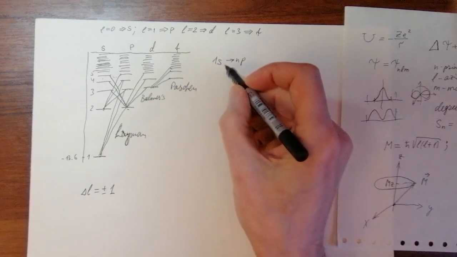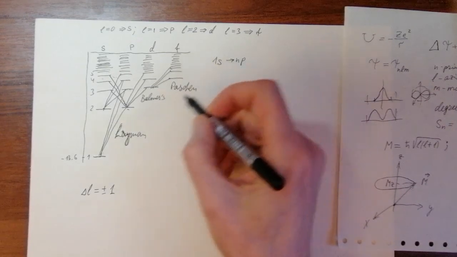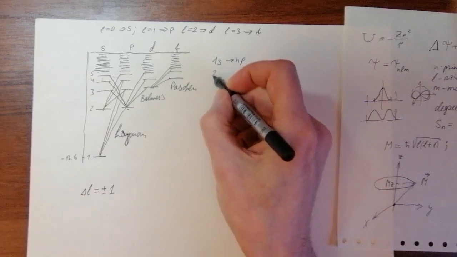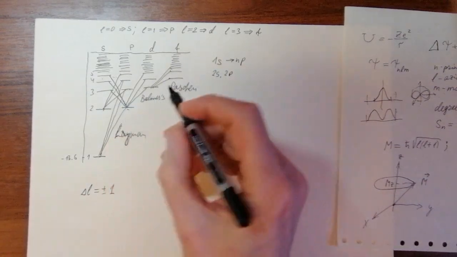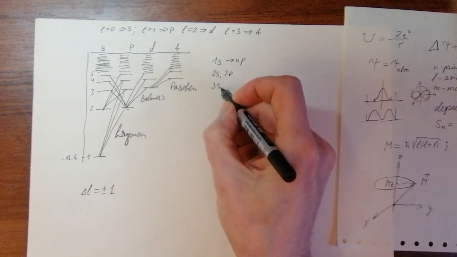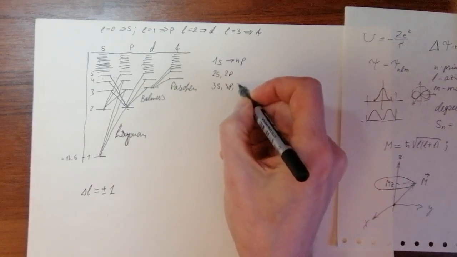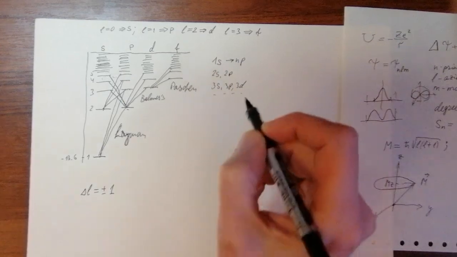So which states are possible? 1s, next there could be 2s and 2p, then 3s, 3p, 3d, and so on.